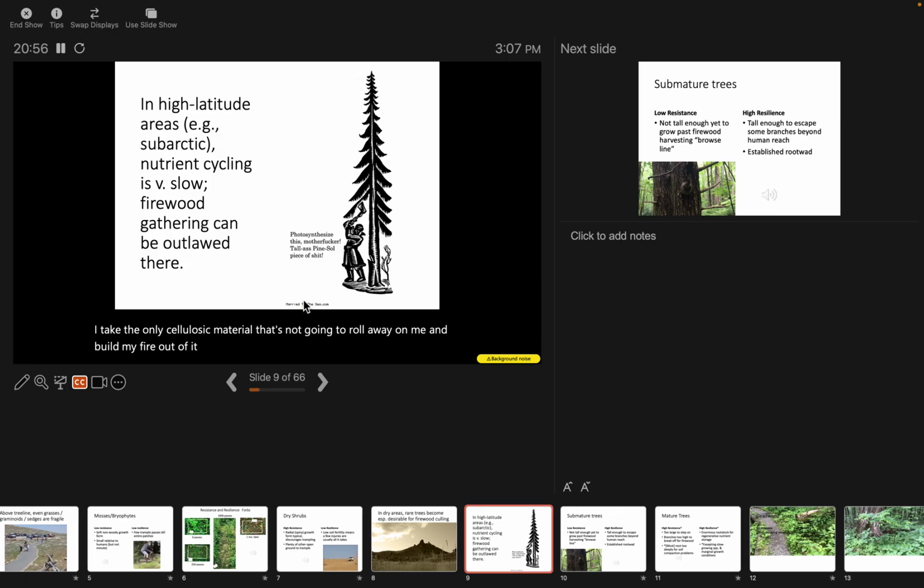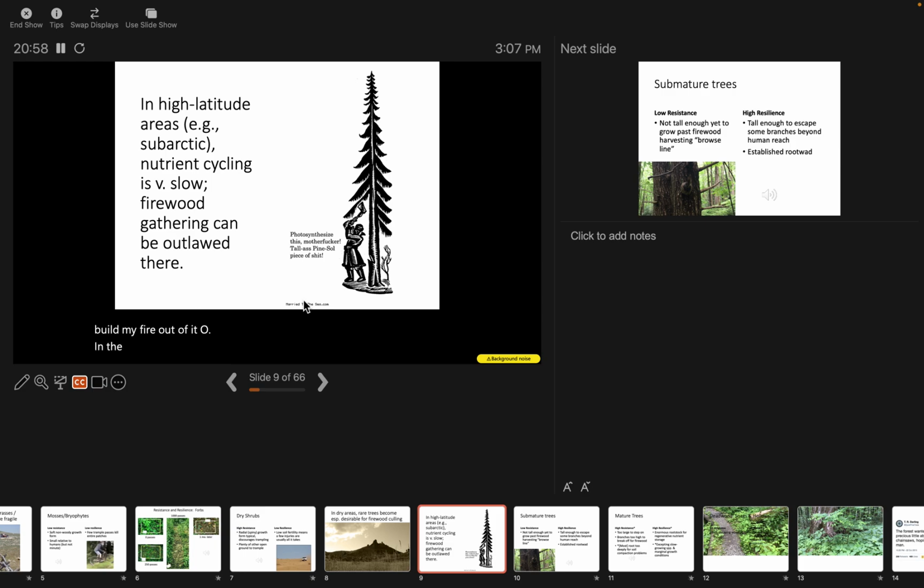In the same way, high latitude areas, whether or not they're desert heat, can experience the same kinds of pressure. High latitude areas, like in southern Alaska, for example, are extremely nutrient poor, to the point that bears defecating in the woods after eating salmon fertilize individual tree seedlings because there's basically no other bioavailable soil nutrients for that seed bank in that forest.